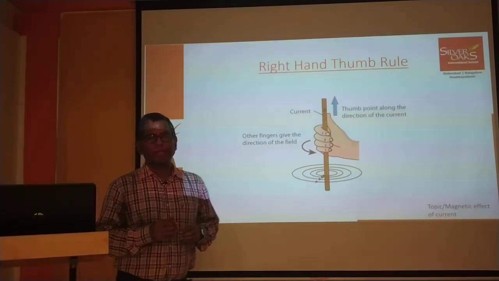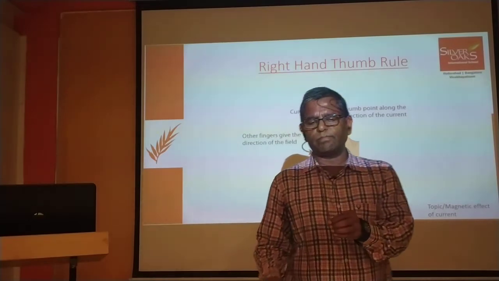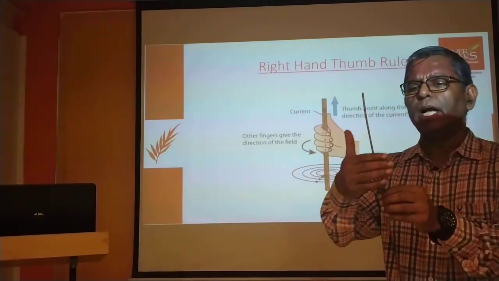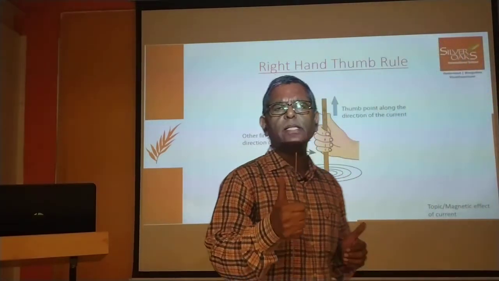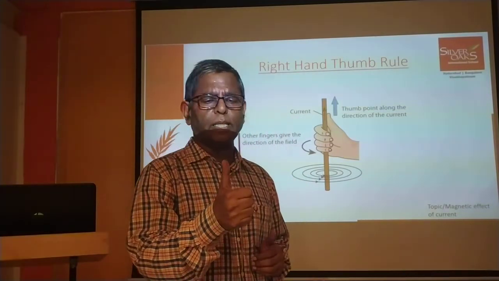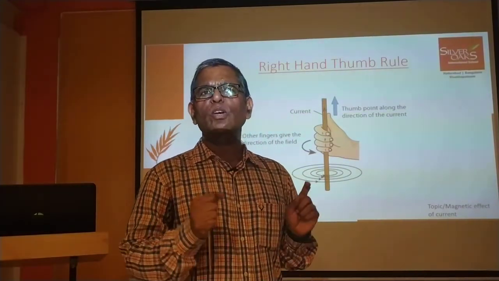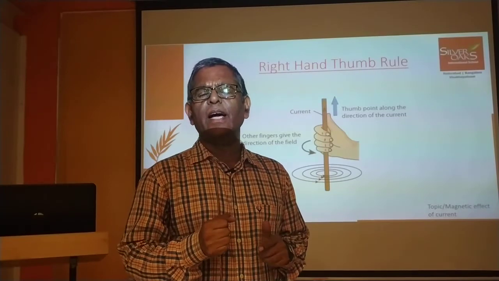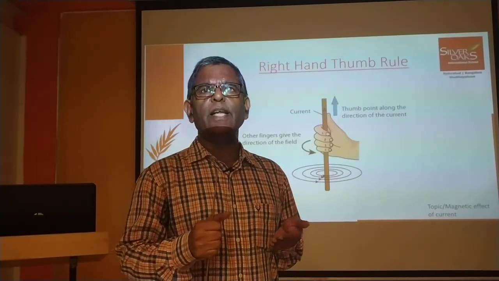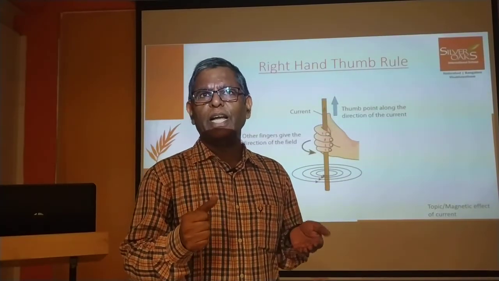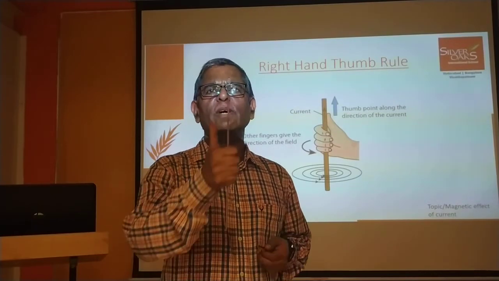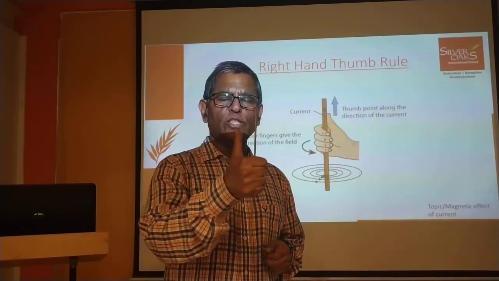Take a wire which is carrying current. Imagine that you are holding the current carrying conductor in your right hand. Don't hold a live current carrying conductor in your hand, otherwise it is dangerous. So imagine that you are holding it with your right hand.